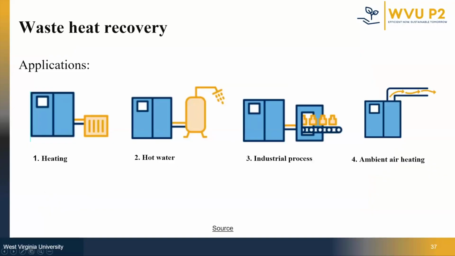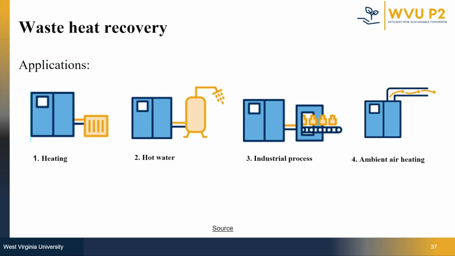Here are the major applications where waste heat can actually be put to good use. First, it can be used for heating, for example, keeping workspaces, storage areas, or even offices warm during cooler months. Second, hot water. Many facilities need large amounts of hot water for cleaning or sanitation, and waste heat can cover a big portion of that.